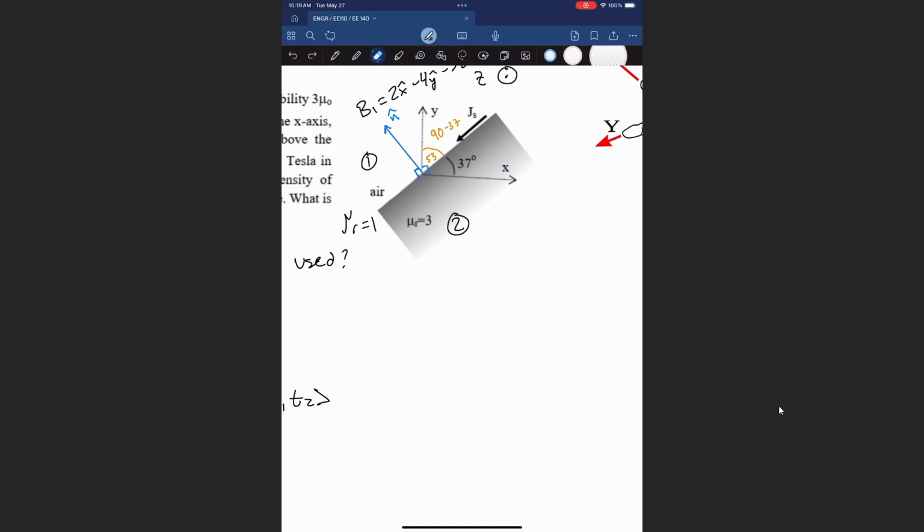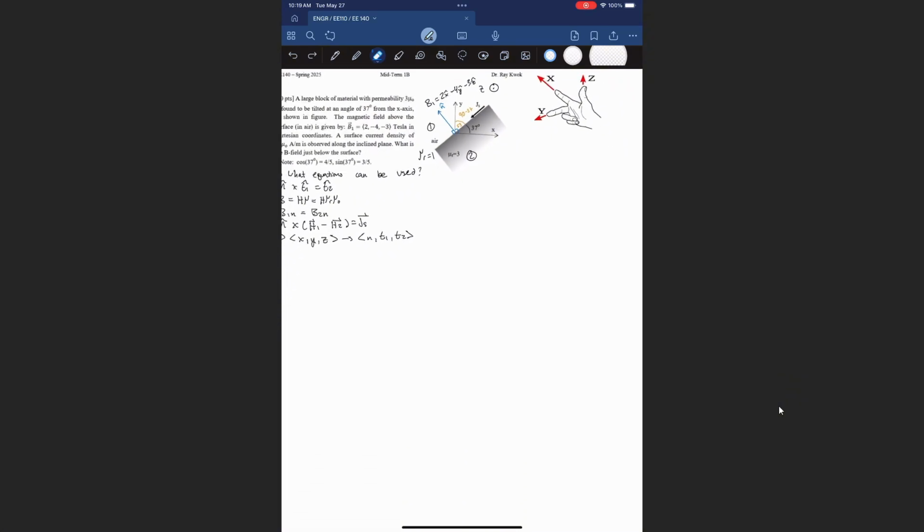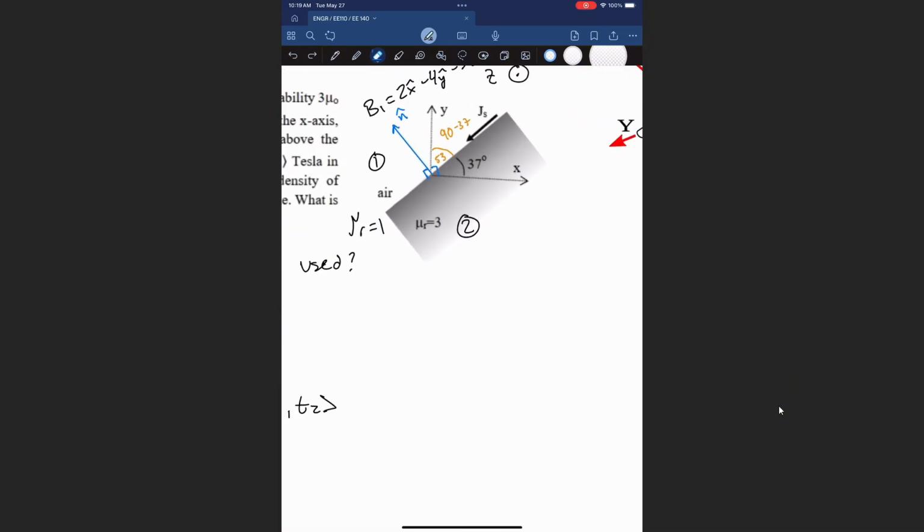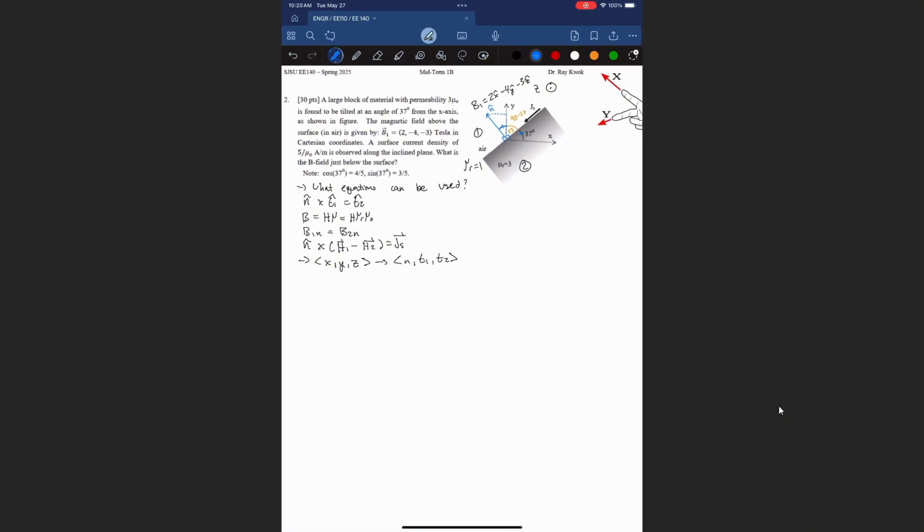Since the normal vector is perpendicular to the block, there's another right angle between the vector and the block. Therefore, 90 minus 53 is 37, which is equivalent to the inclined angle of the block. When broken down into components, it is shown that n hat is negative 3/5, 4/5, and 0.